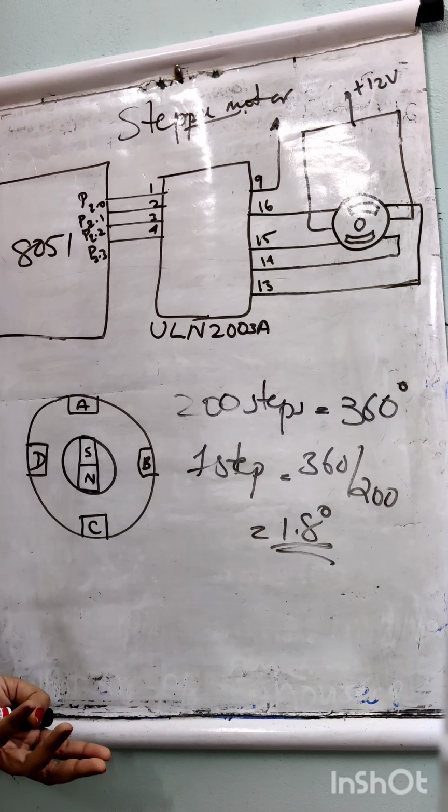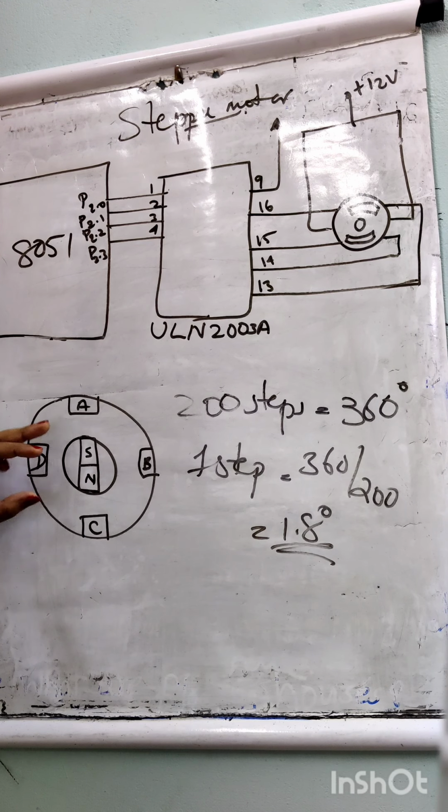Now the working of a stepper motor. It works on the principle of magnetic attraction and repulsion. The stator coils are electromagnets which are energized and de-energized by the pulses of the microcontroller.